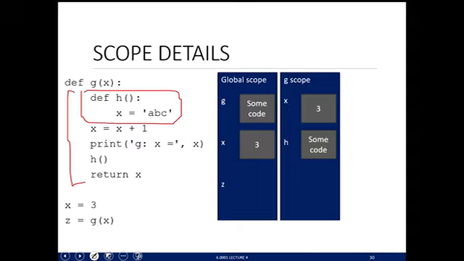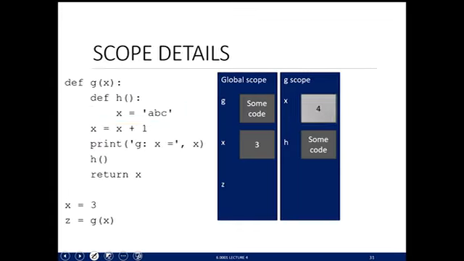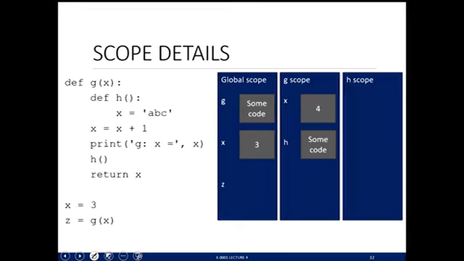I haven't called the function h yet because I'm just defining it here with def. So that finishes this part. The next line is x is equal to x plus 1. So inside the scope of g, I'm incrementing x to be 4. Then I'm printing out this line. And then I've reached here, h.